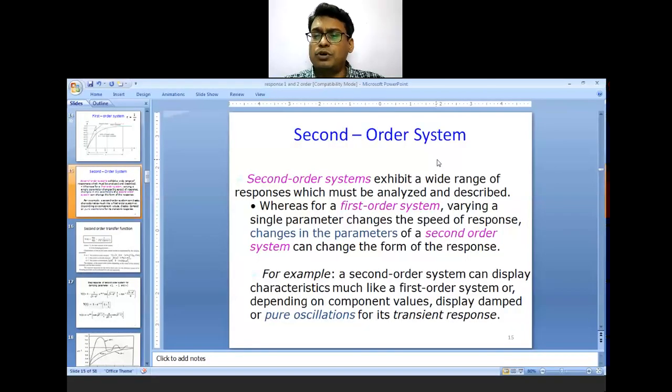In the last class we have discussed the four different forcing functions, that is the step input, the ramp input, the impulse input, and the sinusoidal forcing function, and their response for the first order system.